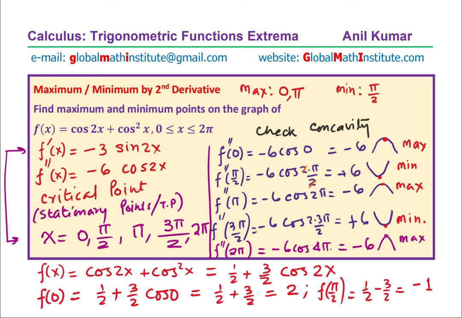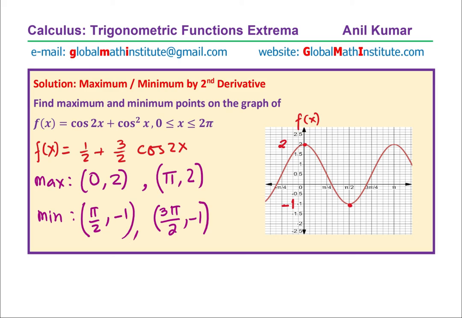And then a maximum of 2 at 2 pi, right? So extend this graph, and those are the points which you get. Perfect? So we get our final answer that there are 3 maximums and 2 minimums in this particular case. Perfect? So the graph, you can extend this graph.